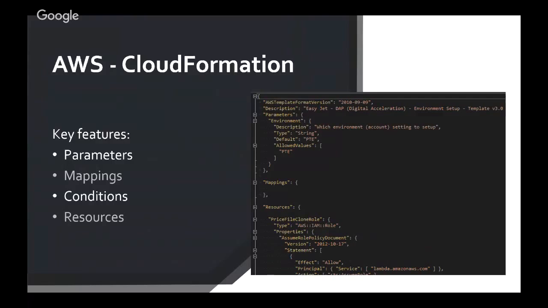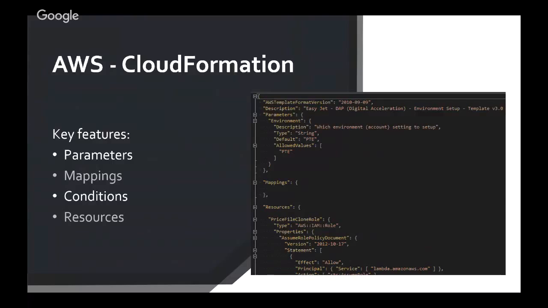There's a few things you can use with them. You have things like parameters. This is when you install the template, you can choose, I want to push it to QA, or I want to push it to UAT, or I want to push the green deployment app. You can then set up things like mappings. So a mapping might say, because I'm deploying to QA through the parameter we pushed in, I therefore want to use this network topology, or I want to pick this VPC to install to, or I want to use these subnets, or these disks, or anything like that.